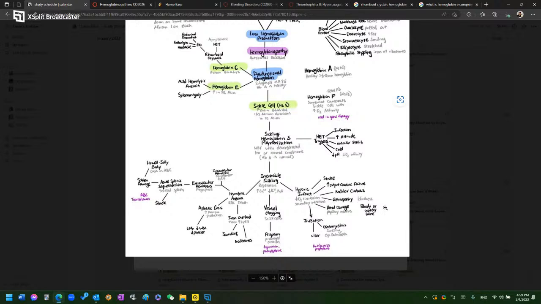Problems with the eyes, blindness, renal damage, cardiac failure, liver damage, stroke, all of these things. Anything in the body, essentially, that's actively cellular is going to be damaged by that. And this is a little bit more related to the iron overload, actually.